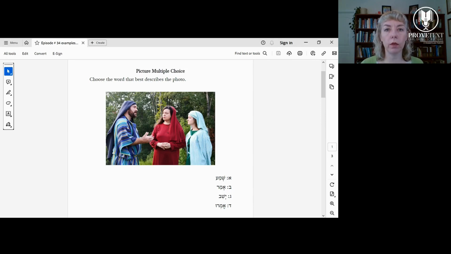So in this example, it's he spoke, third masculine singular. And so you could possibly have a bunch of other verbs of the same root, but all different grammatical forms. And so you want to have distractors that don't give away the right answer, in short, is what I'm trying to say.